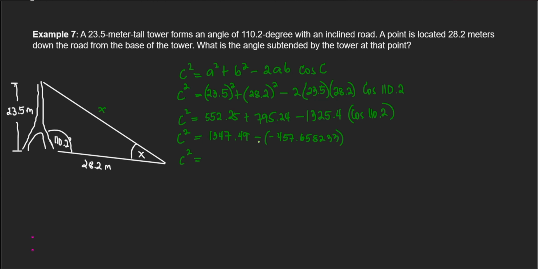Pag meron tayong like sign, yung both negative and negative, so negative times negative magiging positive. So, ibig sabihin, you have to add. So, we have 1347.49 minus negative 457.658233.